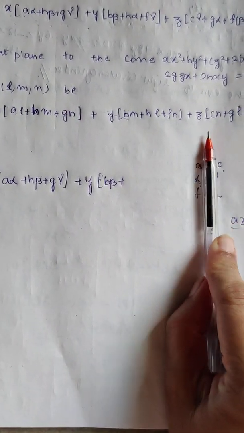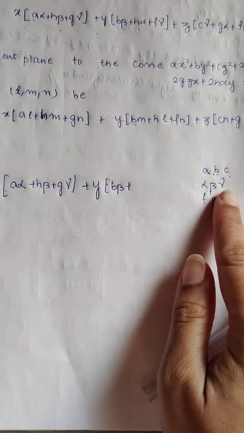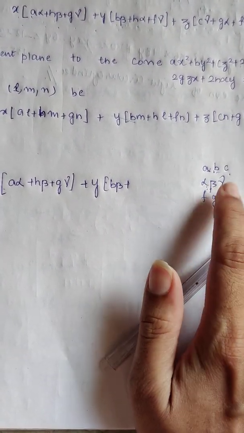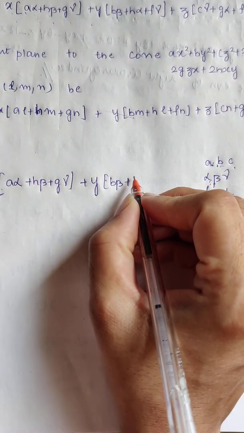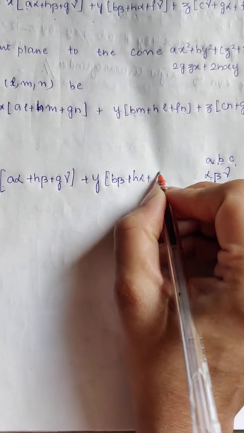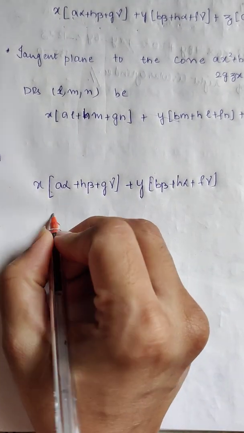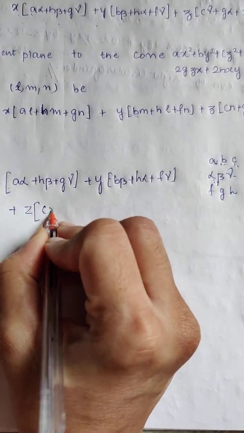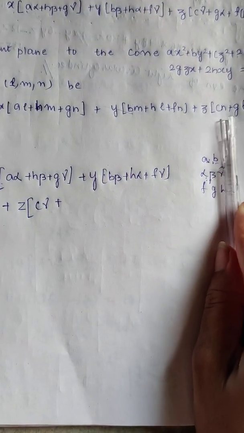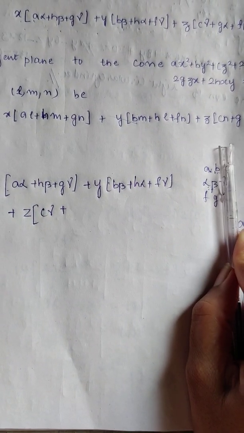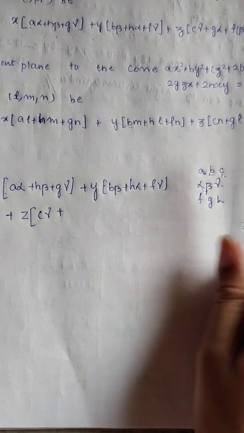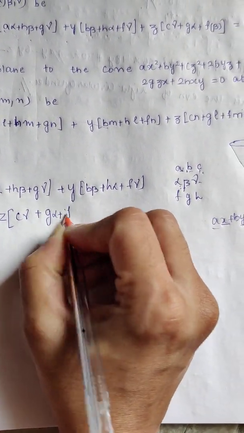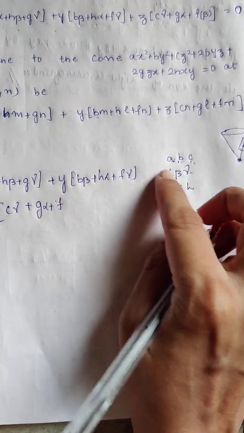So what is it? Hide the B one and take the cofactors of this, H alpha, F gamma. Then as soon as Z comes, C gamma. Then cofactors, G alpha plus F beta.